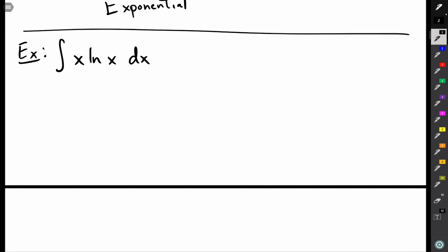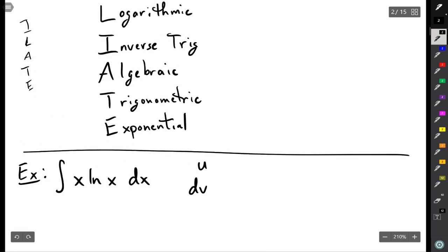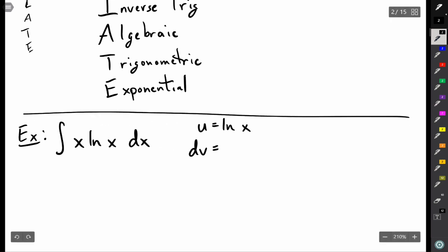I'll challenge you to try it. See if you can get anything that works, but you'll see it doesn't quite work out so great. So what we need to do here is pick a u and a dv. Remember, we pick u to be the first thing that shows up in that list, which was logarithmic, so ln x. We pick dv to be everything else. So here we have our ln x, and x dx is what's left over.